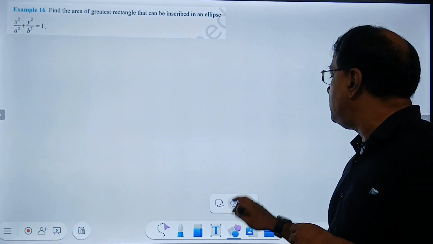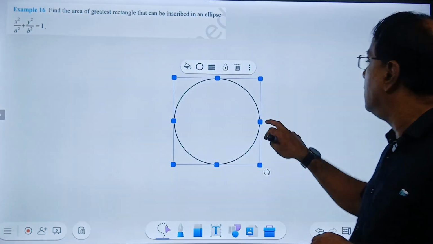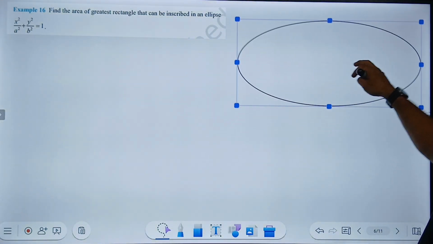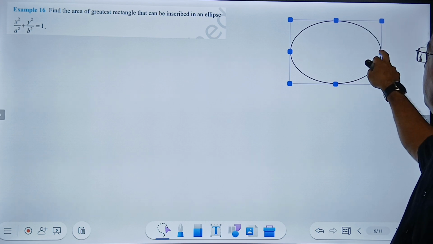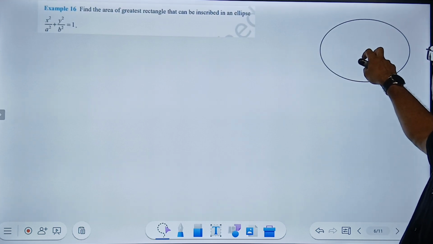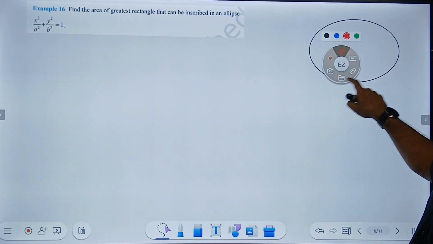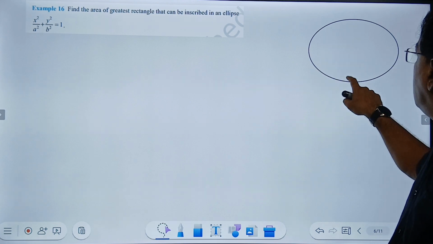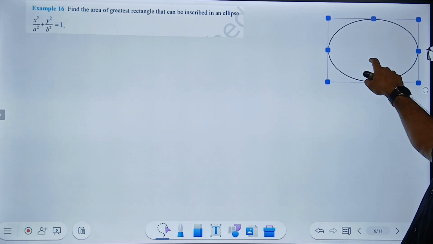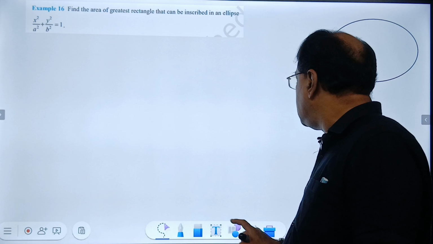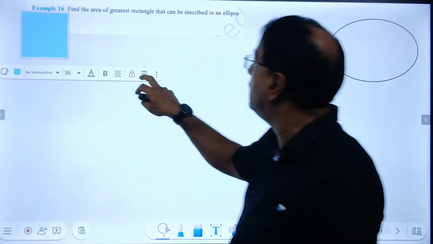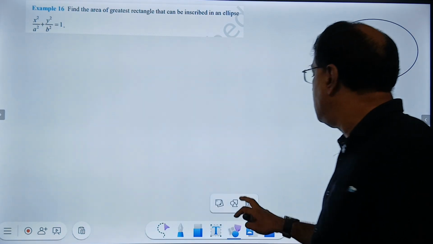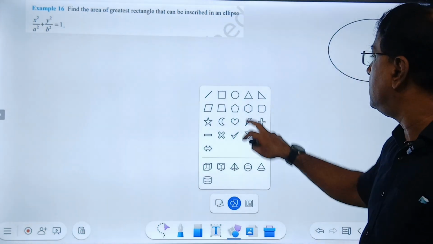First of all, let me draw an ellipse. So this is an ellipse, and a rectangle is inscribed inside.